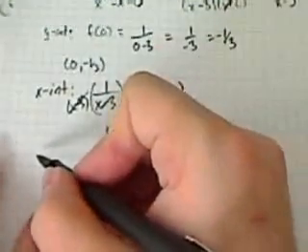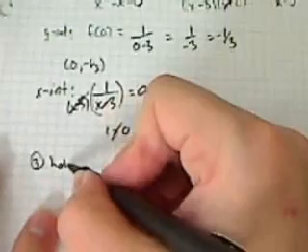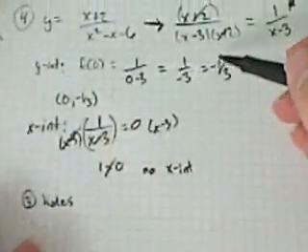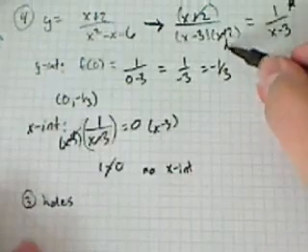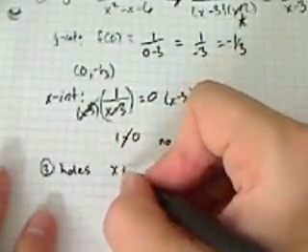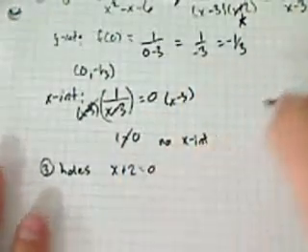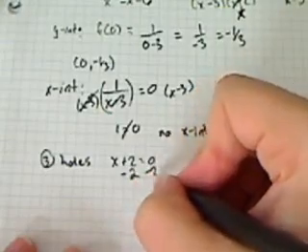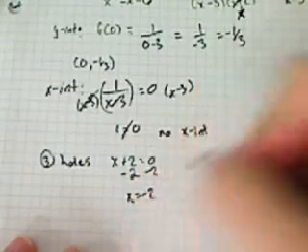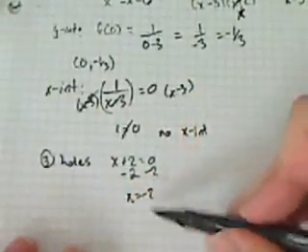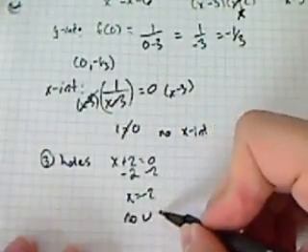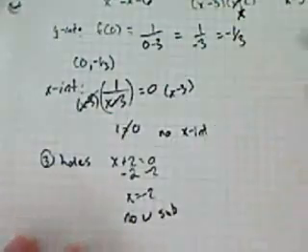On number 3, holes. So this one will have a hole, mostly because we had this factor of x plus 2 that divided out. The way we find our hole is we set x plus 2 equal to 0 and solve for x. So x is negative 2. However, what we need to do is substitute into the reduced equation.